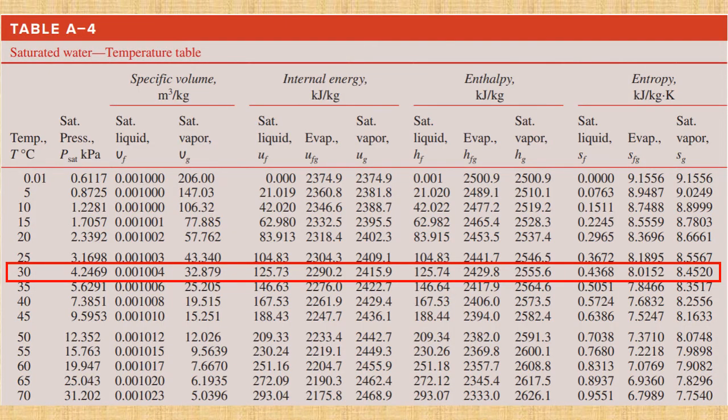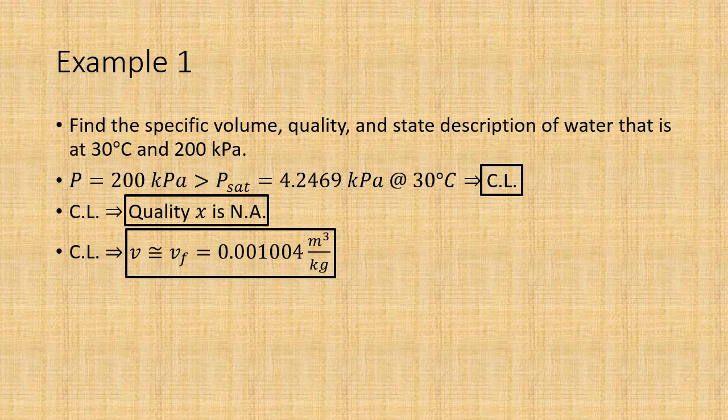We look under the column of saturated liquid for specific volume and find that Vf is equal to 0.001004 meters cubed per kilogram for 30 degrees Celsius. We have now found everything that this example requires, and our answers are listed here. The final answers are in a box.